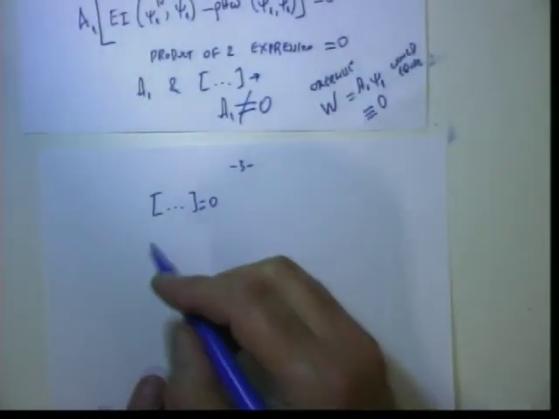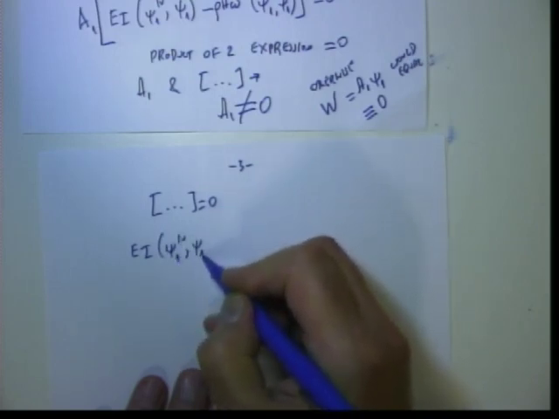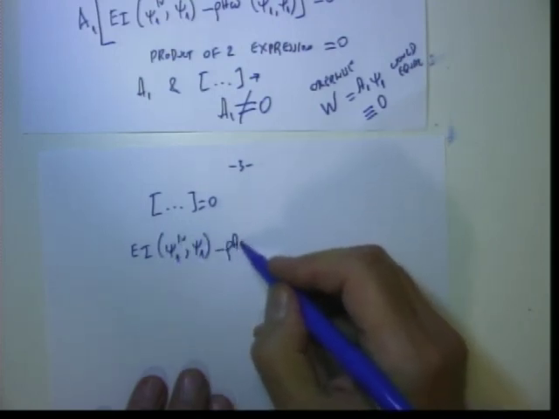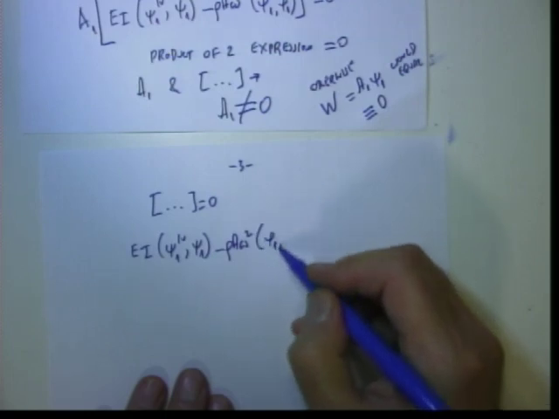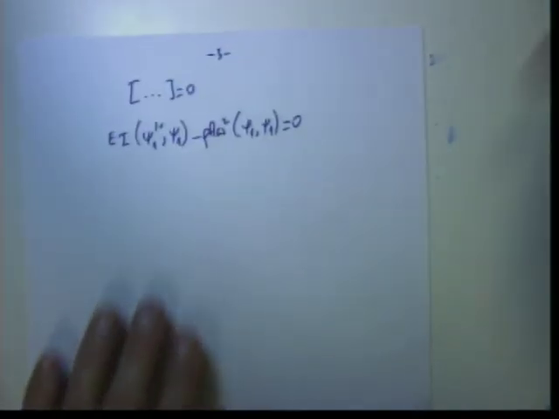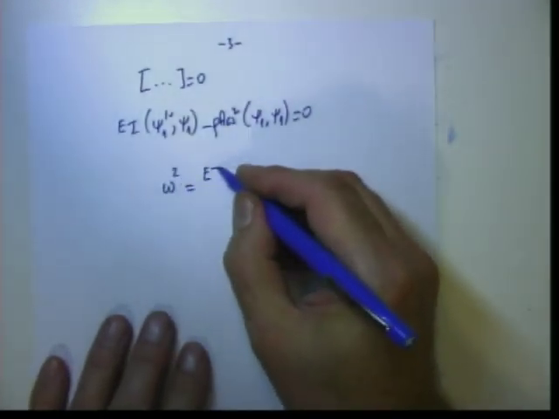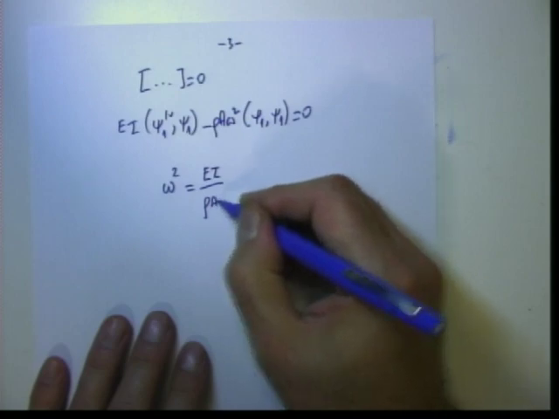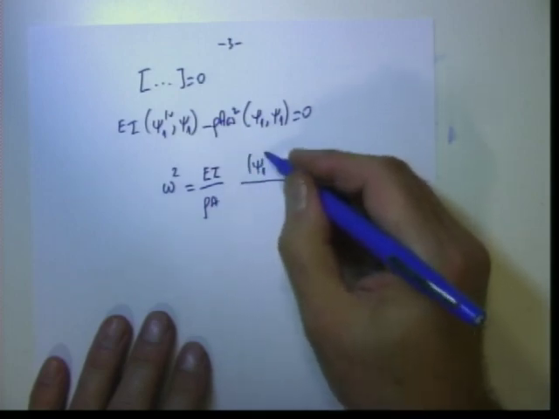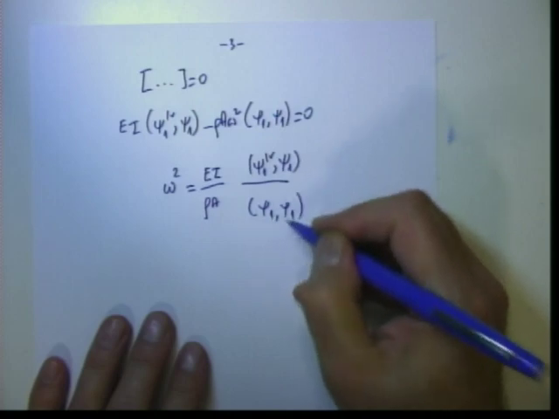Okay? So from here we are obtaining that the expression in parentheses must be 0. That means EI times the fourth derivative of psi1 with psi1 minus rho A omega square psi1 with psi1 equals 0. And this gives us the approximation for omega square, which is EI over rho A times the inner product of psi1 fourth derivative with psi1, over psi1 with psi1.